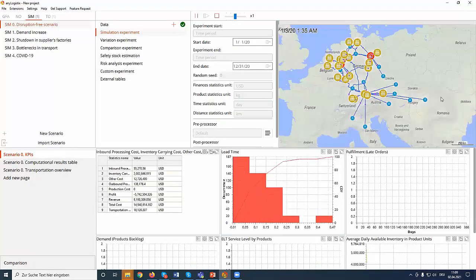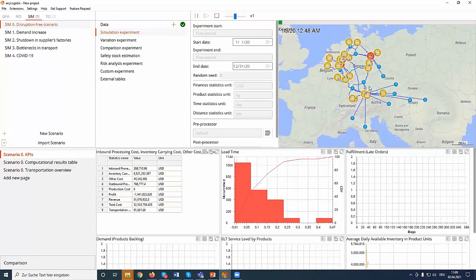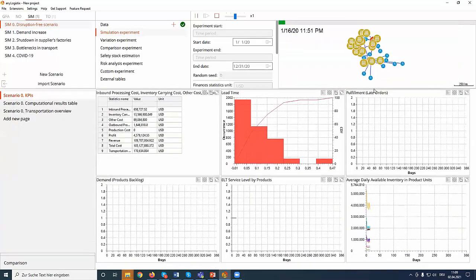So here we can see simulations. These purple points are trucks which are moving in our supply chain, and we can observe performance of our supply chain according to different KPIs.